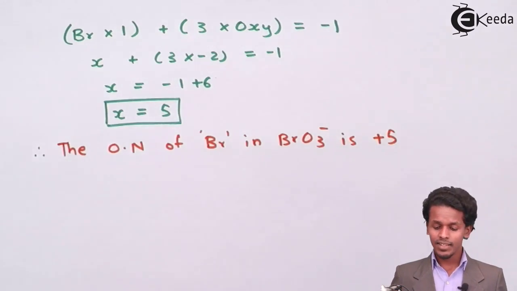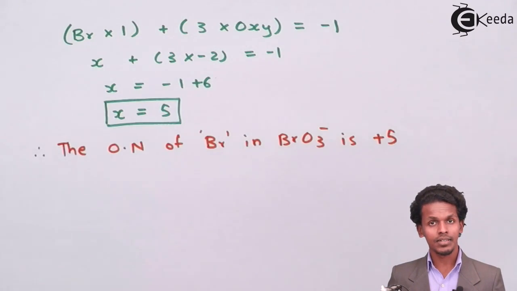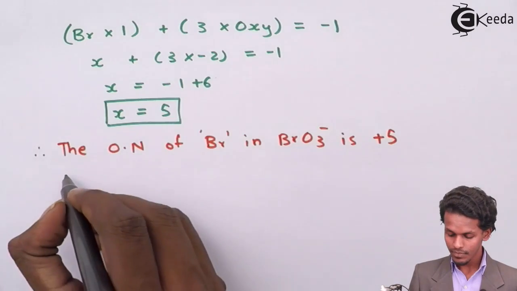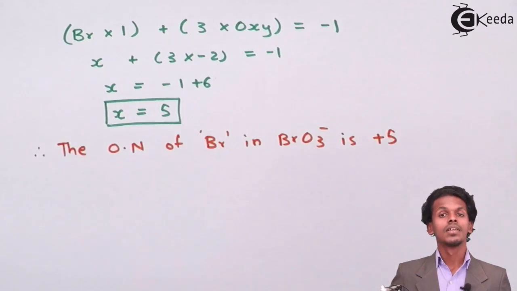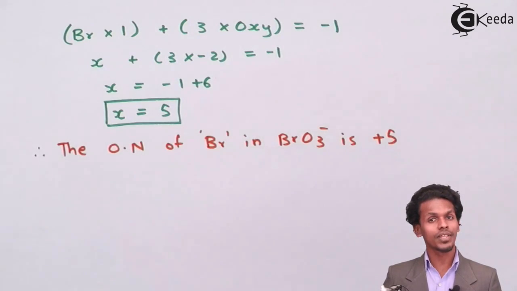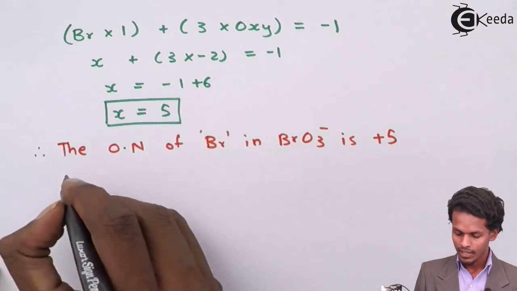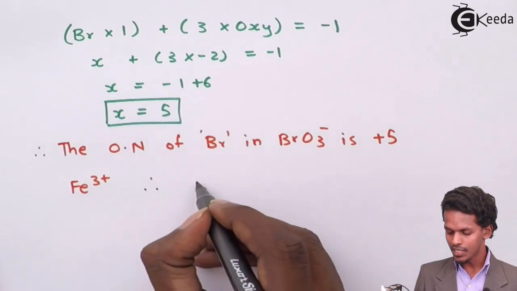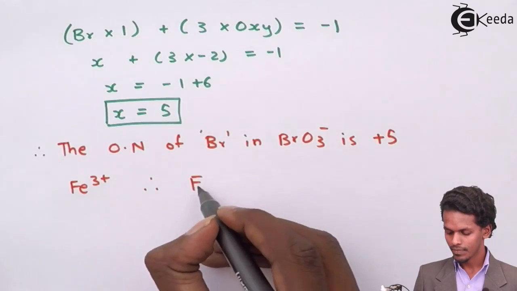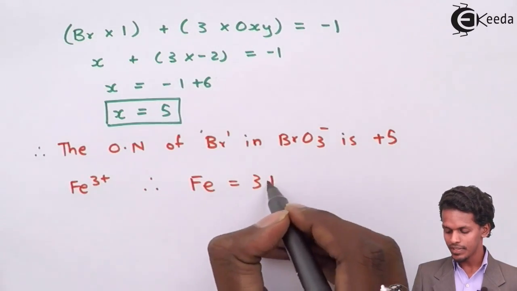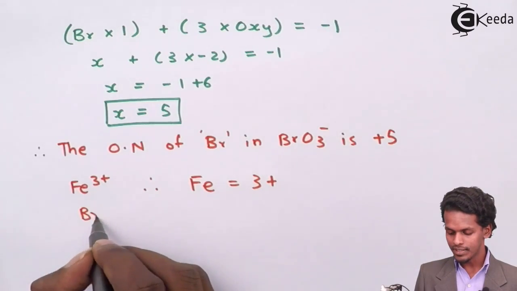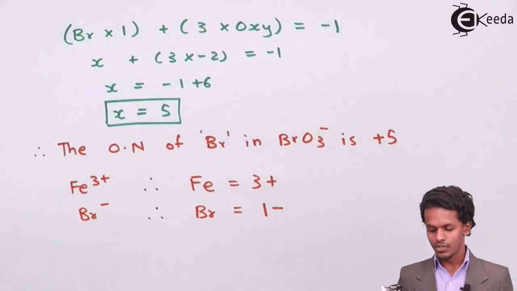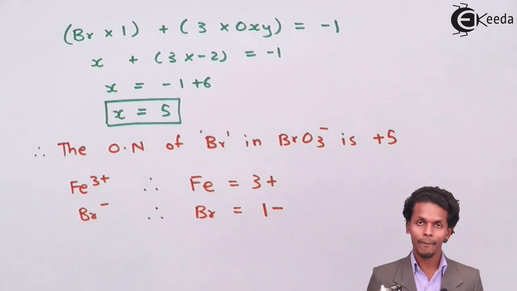Now the rest of the oxidation numbers on the product side: for Fe3+ the oxidation number is 3+, while for Br-, the oxidation number of Br in this case is 1-. This has been clearly explained earlier also.